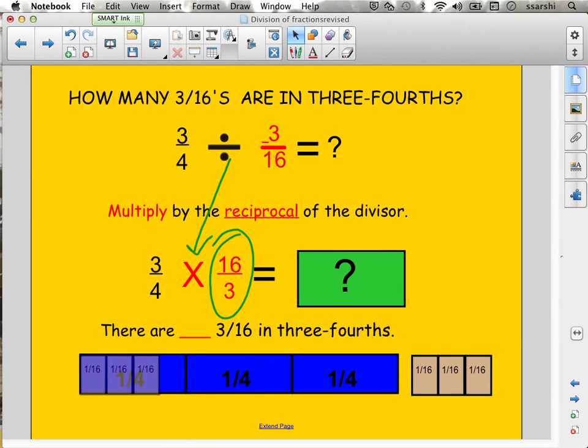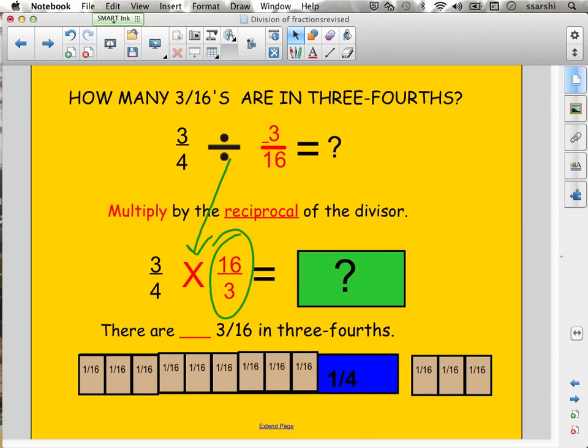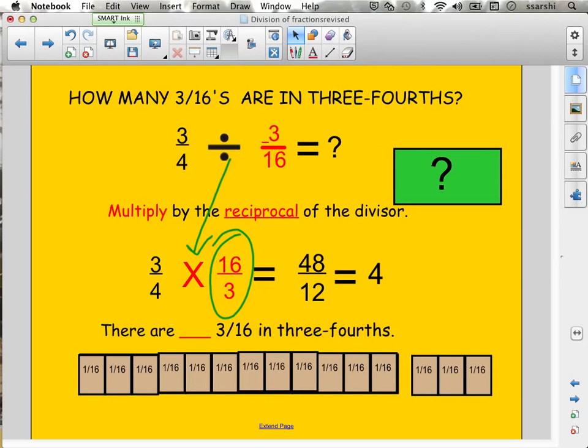So it takes me 1, 2, 3. The answer is 4. Take a look, and in fact, there are 4 3/16 in 3/4.